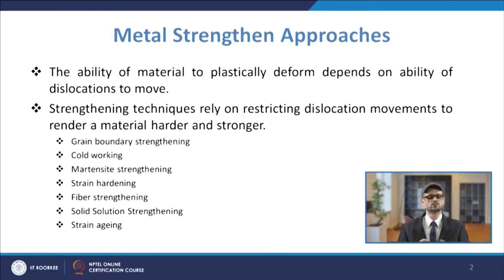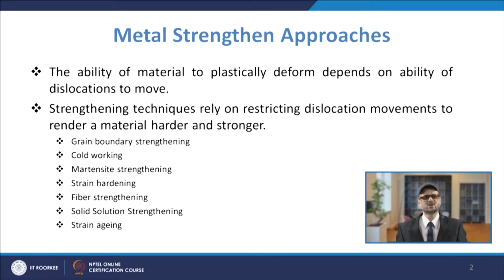When the dislocation density increases, the stress required to move the dislocation will again be higher, and the yield strength will be higher. So, cold working is another method to strengthen the material.